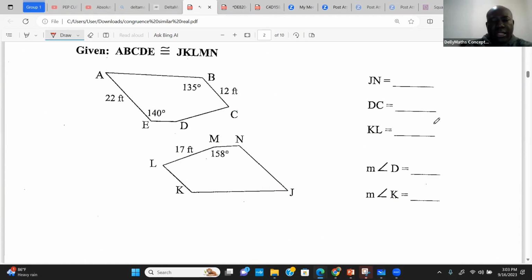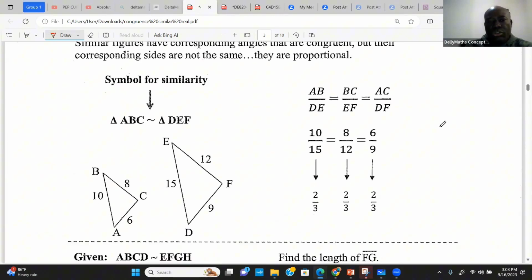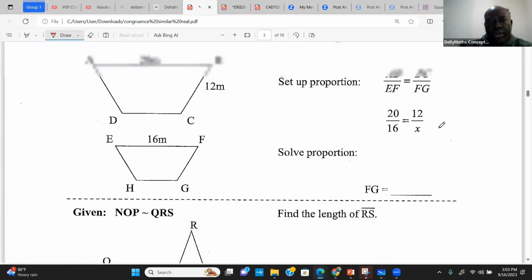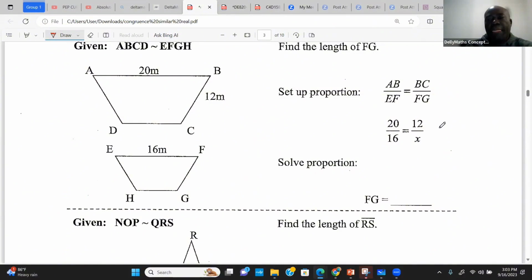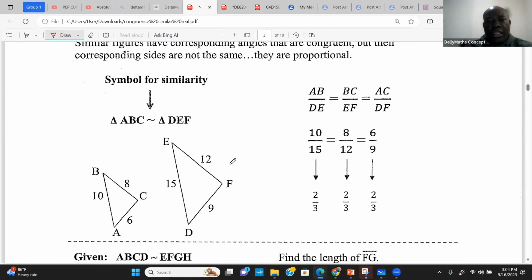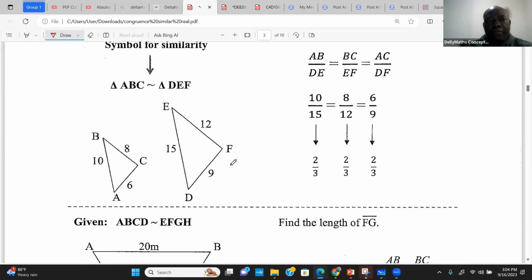All right, we just looked at that, so let's go to this question right here. When ideas are similar, there is a definite relationship between the two shapes, right? So let's take a look at this here. These are two similar shapes, right?